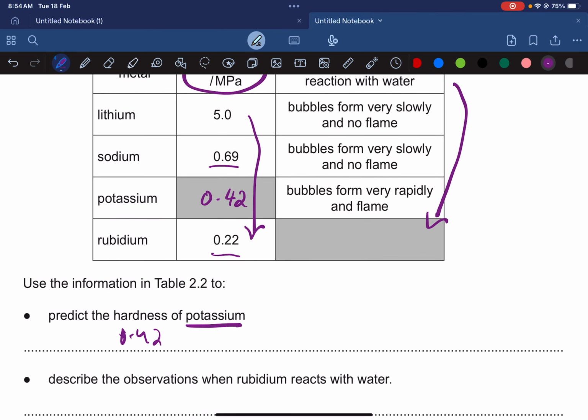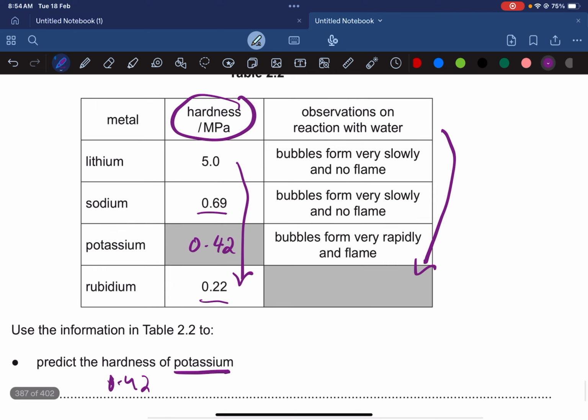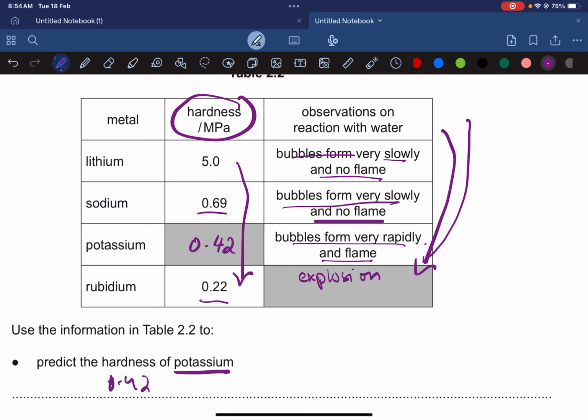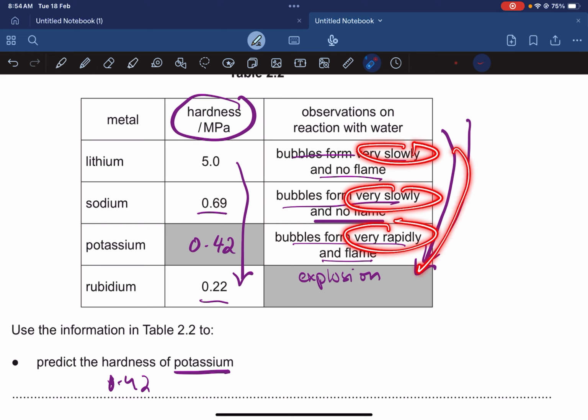Describe the observation when rubidium reacts with water. Okay, for lithium we have bubbles form very slowly and no flame. Sodium, bubbles form very rapidly and flame. So there's going to be bubbles and explosion, because there's going to be a high flame as we see that the reactivity is increasing. First it's very slowly, then it becomes rapid, and then it's going to be an explosion.